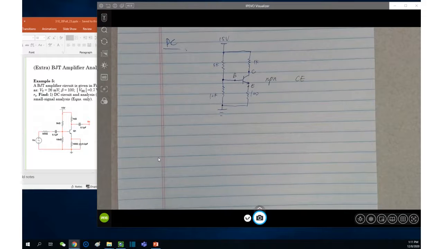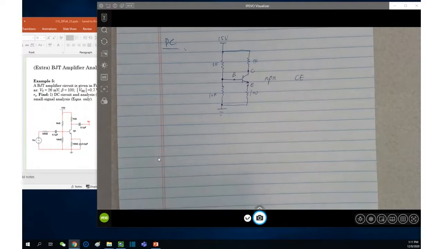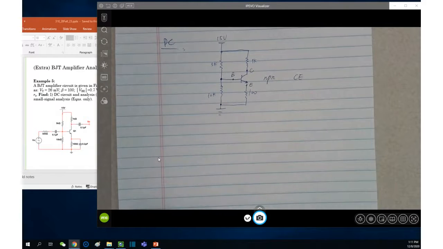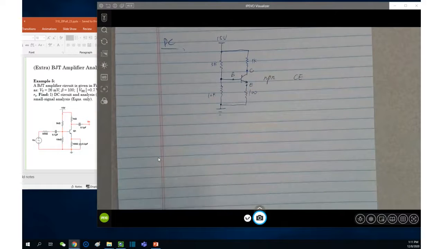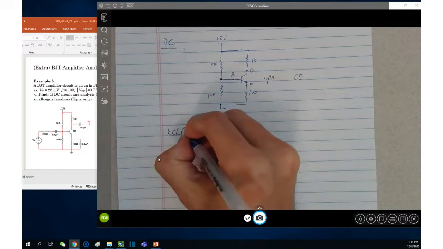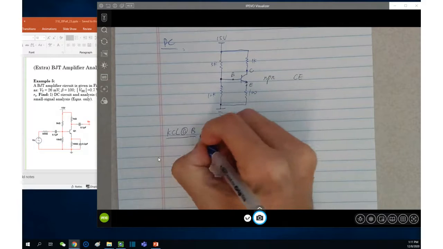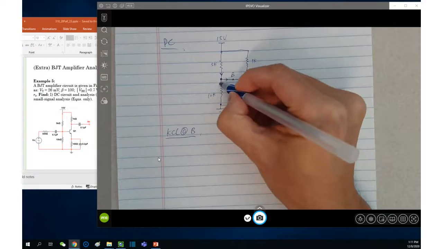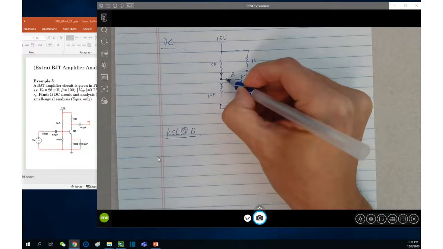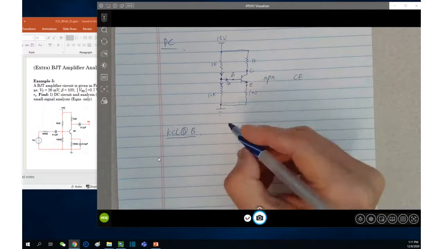So this is the circuit. I think this is fine. You open all of the capacitors. So what DC equations do we have? First of all, very regular, you want to do a KCL at the base. If you assume the current direction like this, obviously this is the IB.